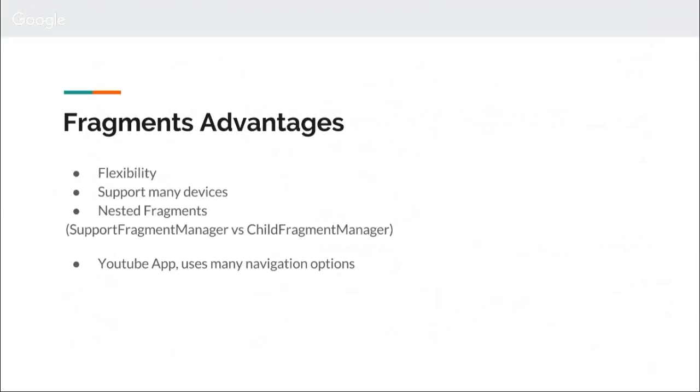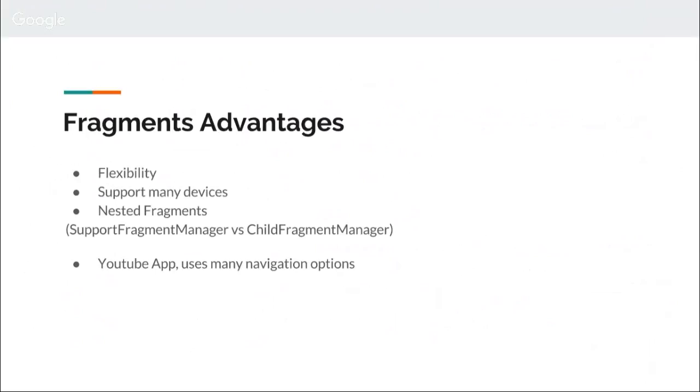Like we have a fragment and then we have a tab layout, and the tab layout uses fragments on all the tabs. So we have a fragment inside the tab layout inside a fragment. And in these cases, we have to use child fragment manager instead of support fragment manager, because child fragment manager is designed for this kind of nested layout.